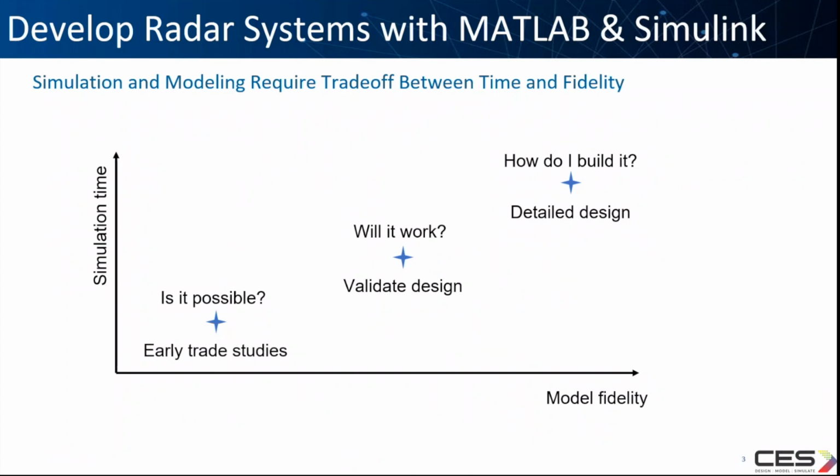As I mentioned before, this will help you with testing and validating your radar signal processing algorithms. As shown on this chart, the level of fidelity increases, and so does the simulation time. So it's always a trade-off.